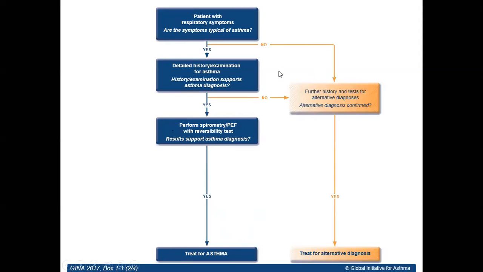If your history suggests anything other than asthma, try to work out the alternative diagnosis. And if the patient is not responding to treatment for asthma, not responding to bronchodilators, then again you try to evaluate for an alternative diagnosis.